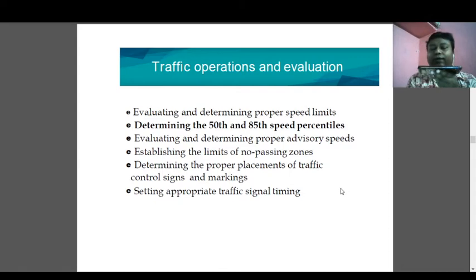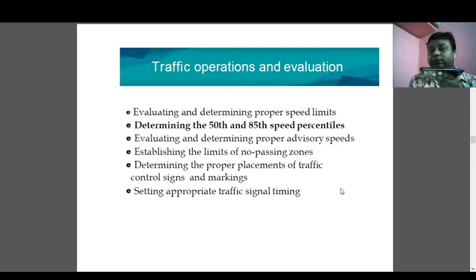Now if we average the speed, we will get one average speed value. Now we have to see how many vehicles are moving at that particular speed. Suppose vehicle number 1 is moving at 20 kilometers per hour, vehicle number 2 at 22 kilometers per hour, and vehicle number 3 again at 20 kilometers per hour.